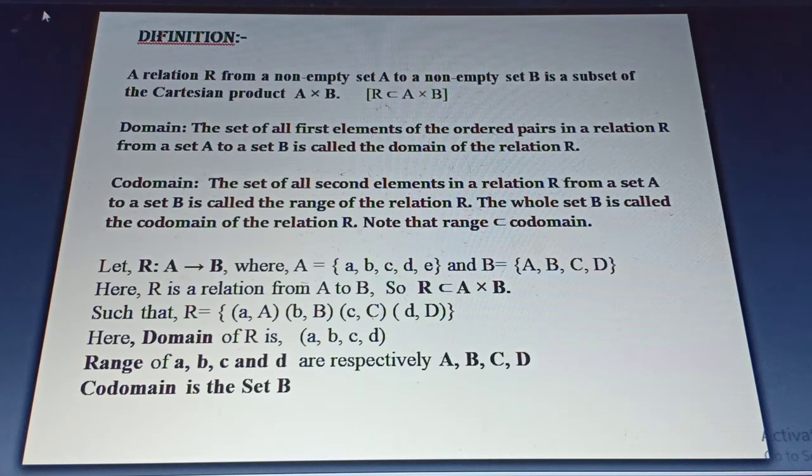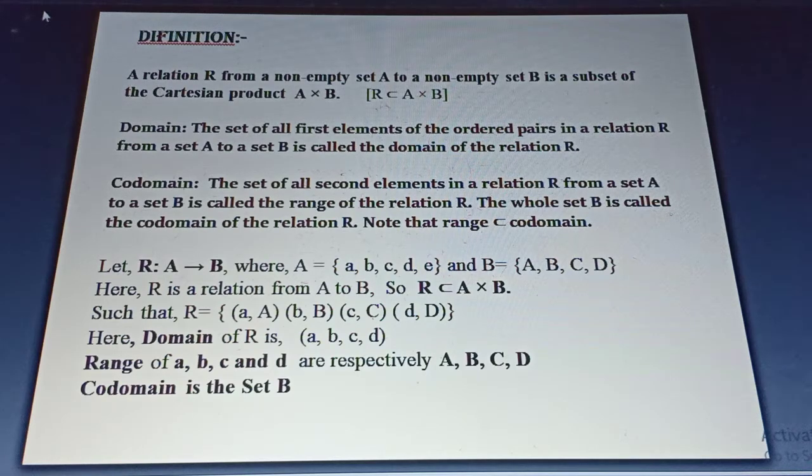Now I am coming to the concept of relation. The definition of relation is: a relation R from a non-empty set A to a non-empty set B is a subset of the Cartesian product A cross B. So students, relation R is nothing but a subset of the Cartesian product of two sets.